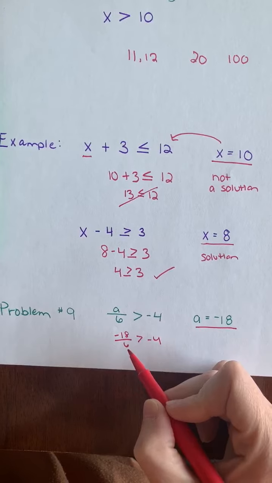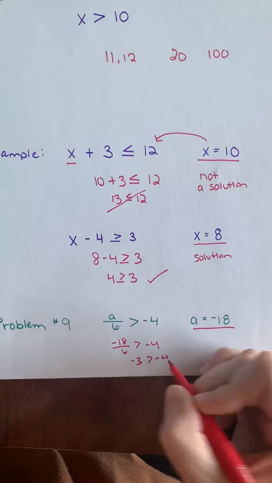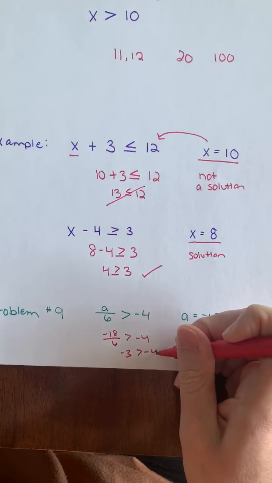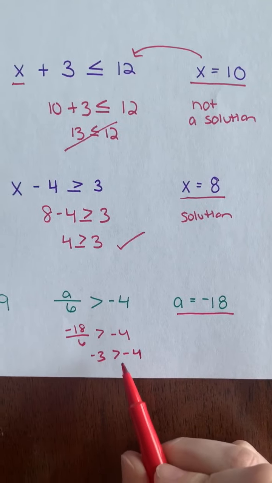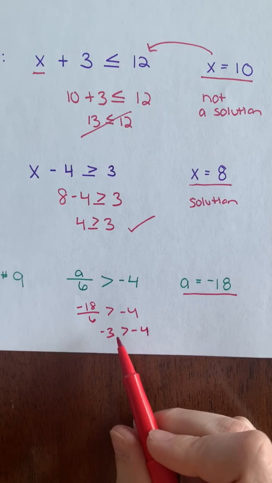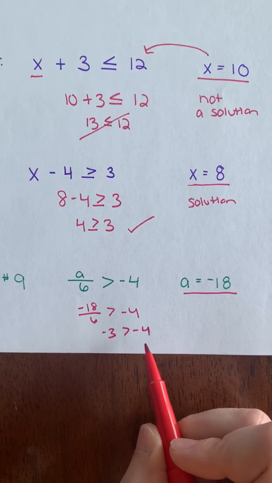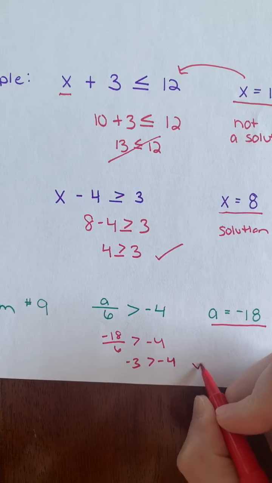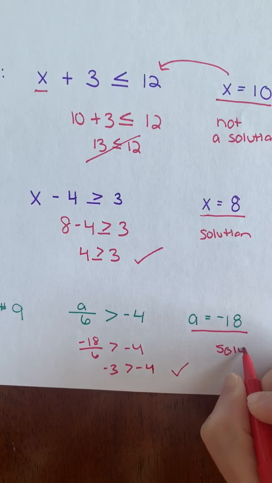Negative 18 divided by 6 is negative 3. This is also a good problem to look at because it deals with negative numbers. And remember that when we're talking about negatives, whichever number is closer to 0 is actually our bigger number. So negative 3 is closer to 0 than negative 4. So this would be a true statement, which means that negative 18 is a solution.